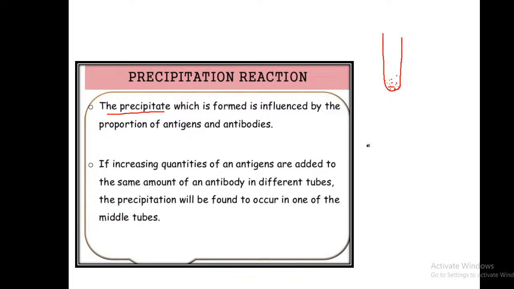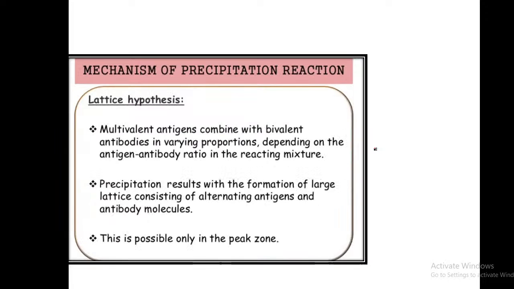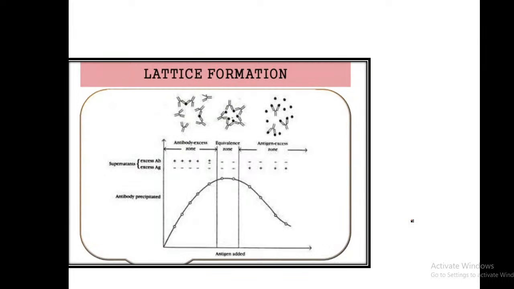When an antigen comes in contact, it forms a precipitate, as a result of lattice formation. That means a lattice or framework is formed between them. This is what is known as lattice formation.